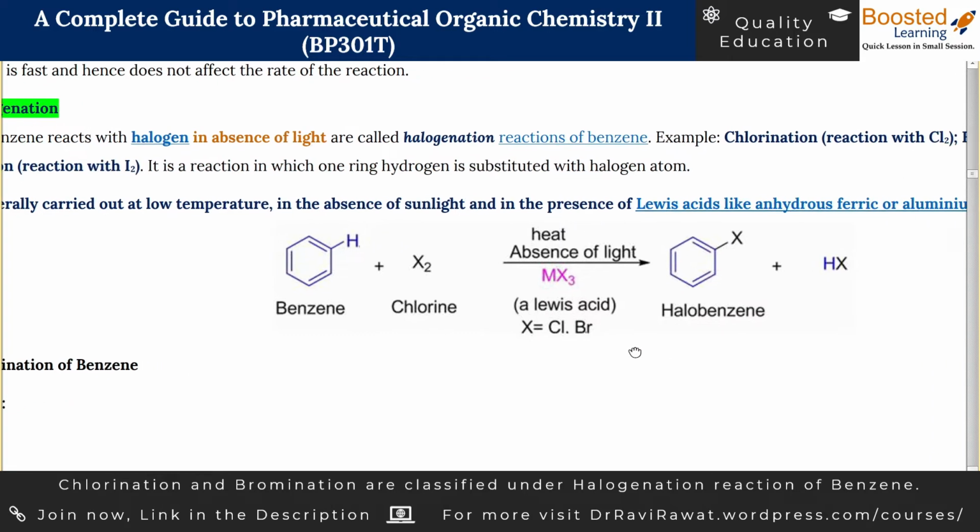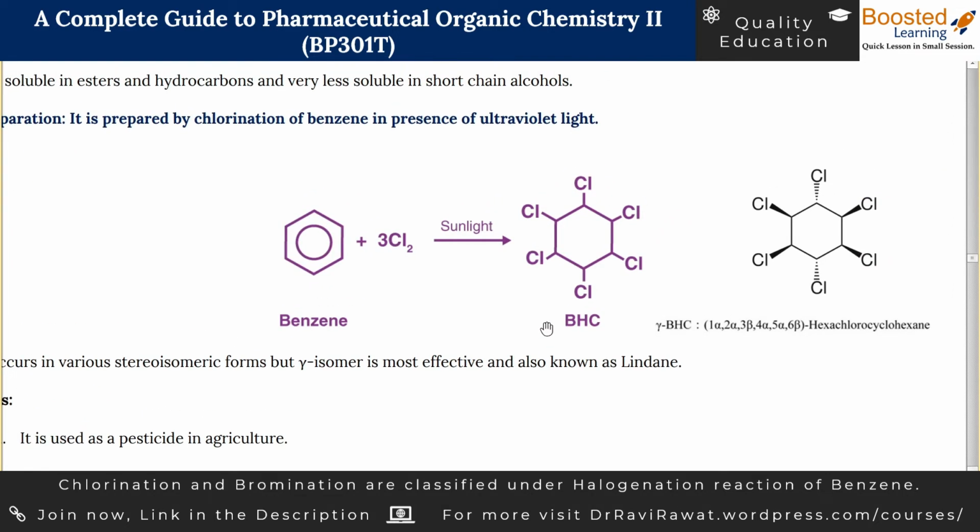Now, one important thing to note here is that the reaction is carried out in the absence of light. This is one important statement here. The reason is this: if you carry out the reaction in the presence of light, then the reaction is not substitution, instead it is addition.